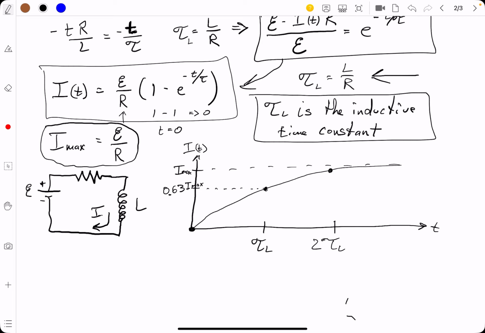And our current at t equals, I don't know, around 6 or 7 tau, it all depends on how close you want to get to I max, but eventually I t equals, I don't know, some people would say 5 tau L. So at that point, we're roughly at I max. Okay.